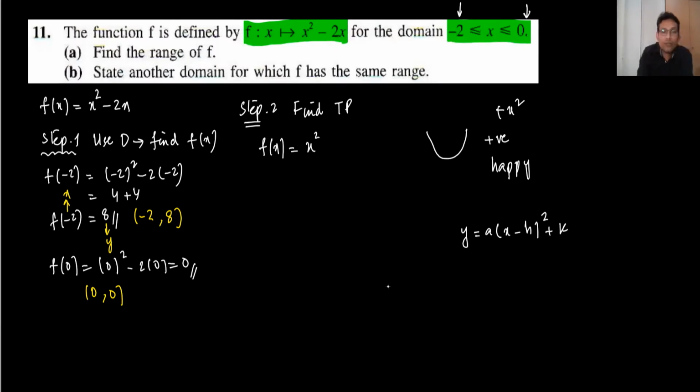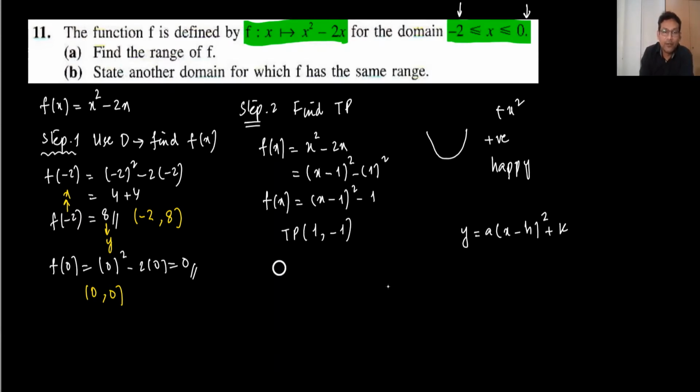For x squared minus 2x, we can use the completed square form: (x minus 1) squared, half of 2 is 1, minus 1 squared. For this you have to watch my video of chapter number 4 on how to convert into turning point form. So the turning point is coming 1 and minus 1.